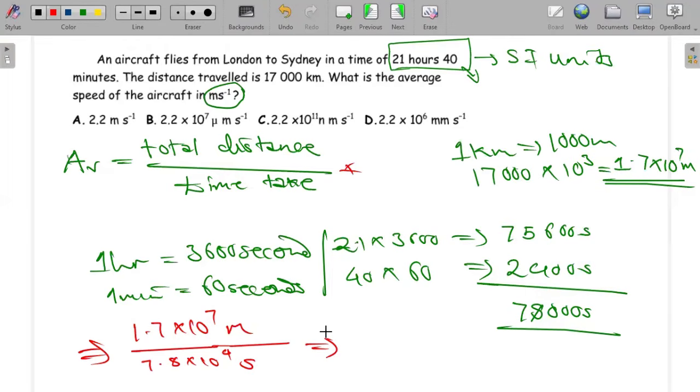Is it to the power 10? Anyone who is getting a similar answer? That power there is not convincing me. It's too big. Anyone who has found a different answer?